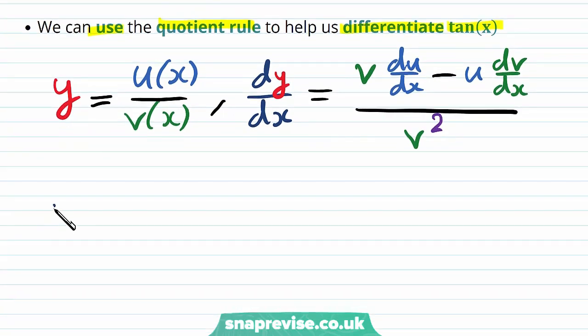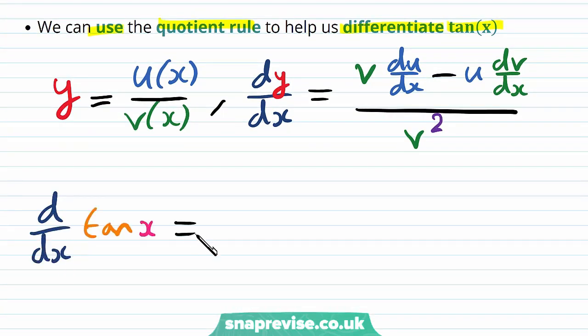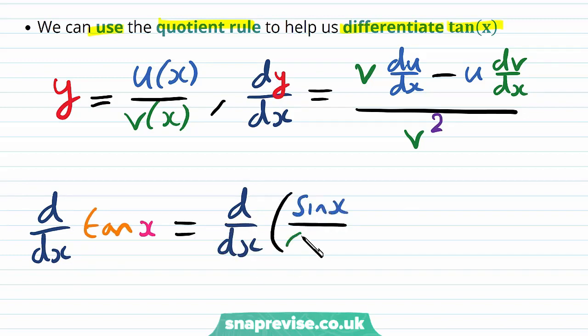So if we're looking to differentiate tan of x, then we can write tan of x as the quotient sine of x divided by the cosine of x. This gives us our u and our v. u of x is sine of x, and v of x is the cosine of x.